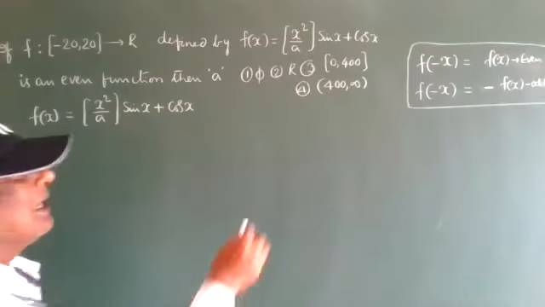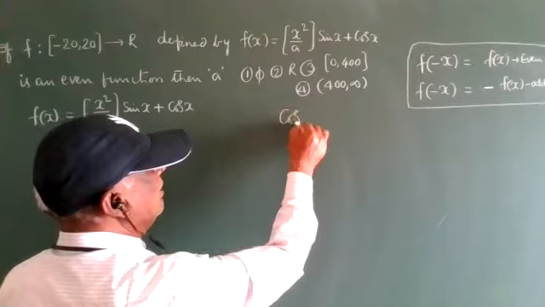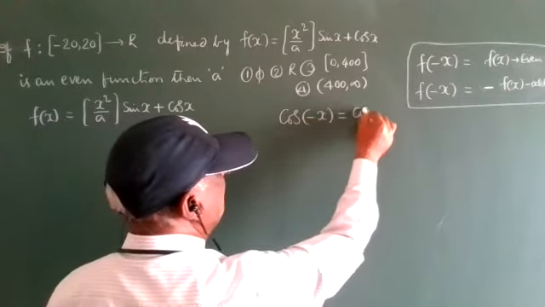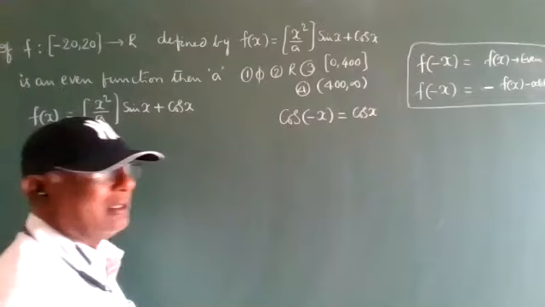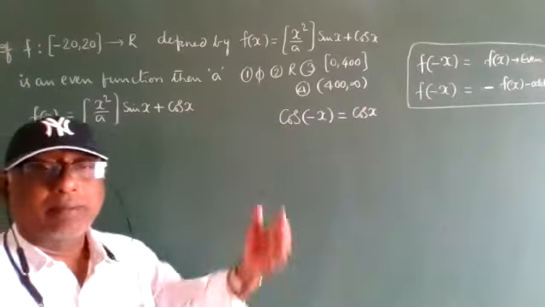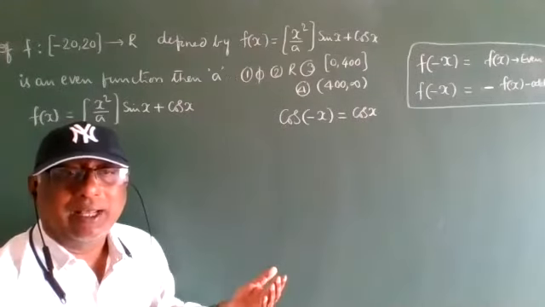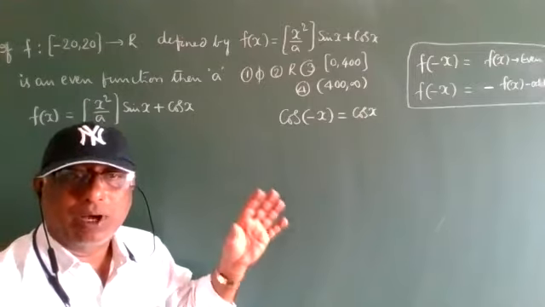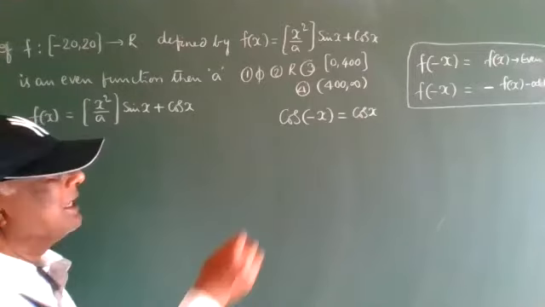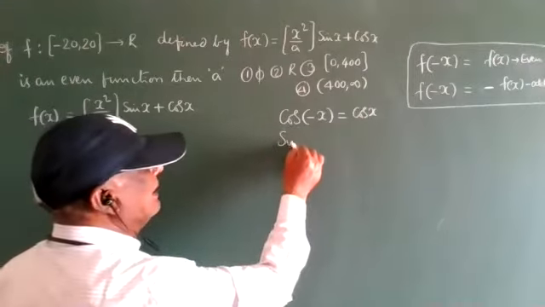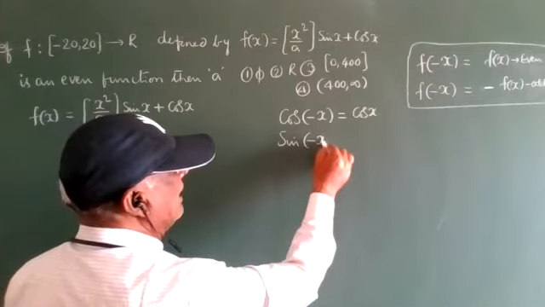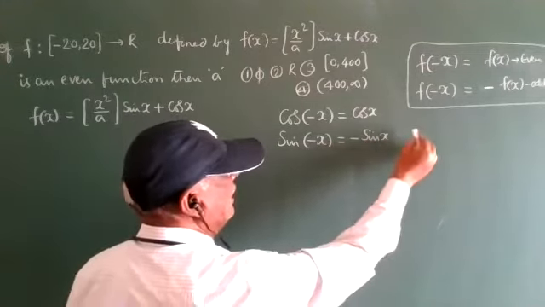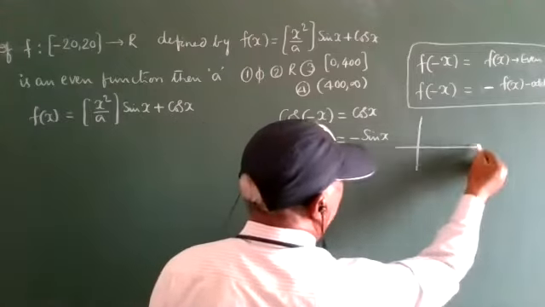Observe. Cos of minus x is cos x by trigonometry. In the fourth quadrant, minus x means the downside, the negative side, clockwise, and cos is positive there. Okay? So sin of minus x, downside, fourth quadrant, is negative. This is the graph.